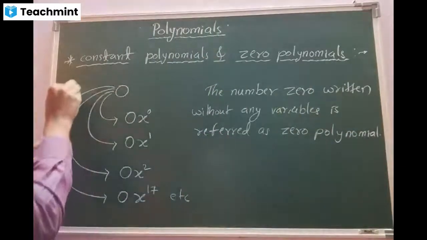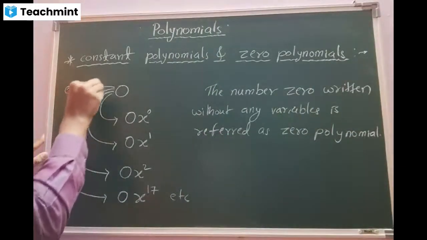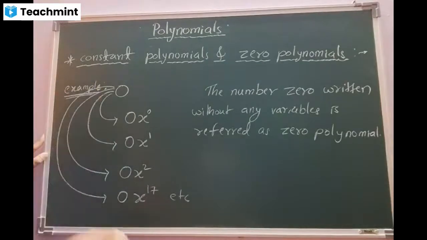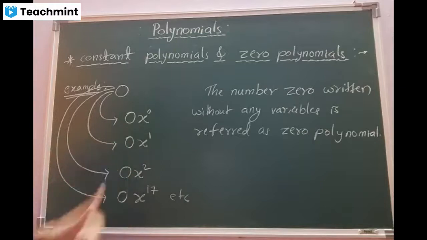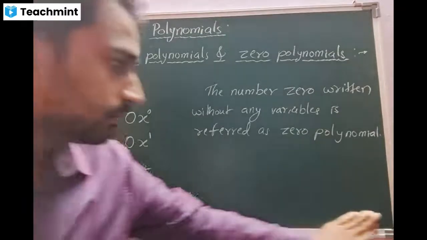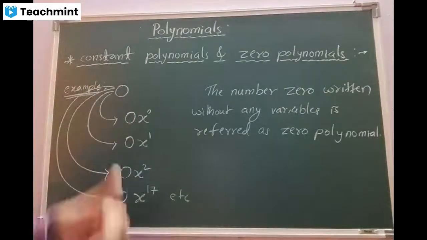Better write the example. Take down the same thing whatever I have done. Write 0, show the arrow marks, copy all these things. Quick beta, fast.